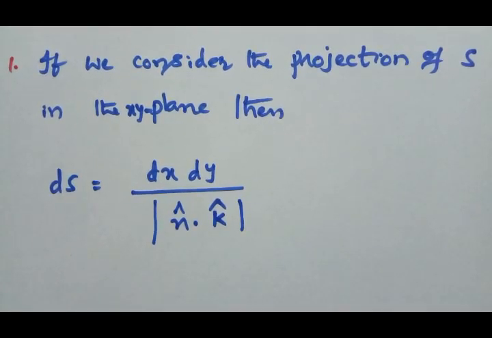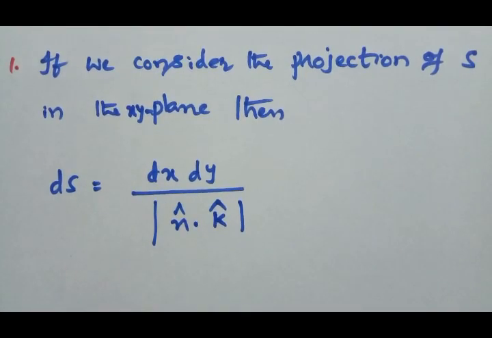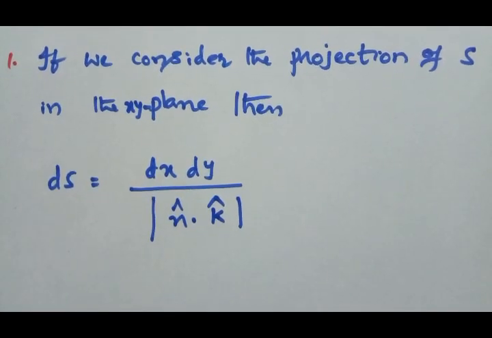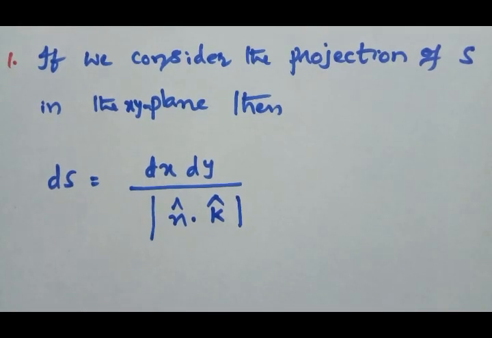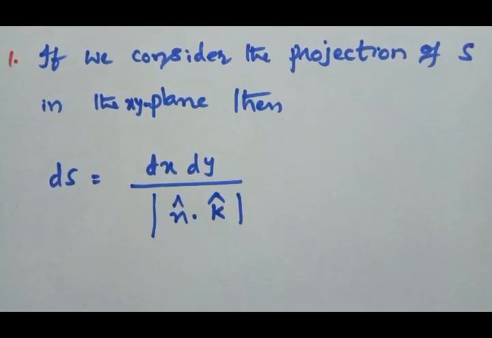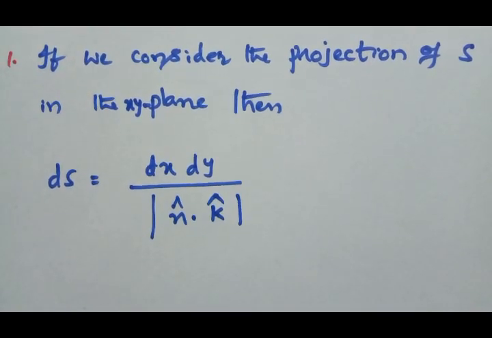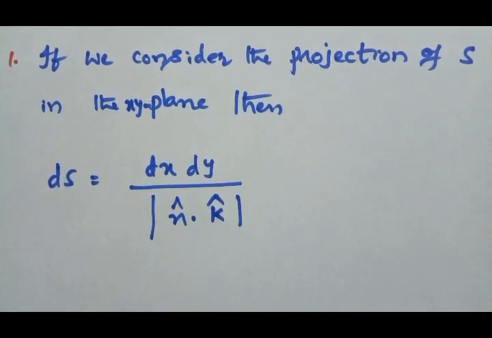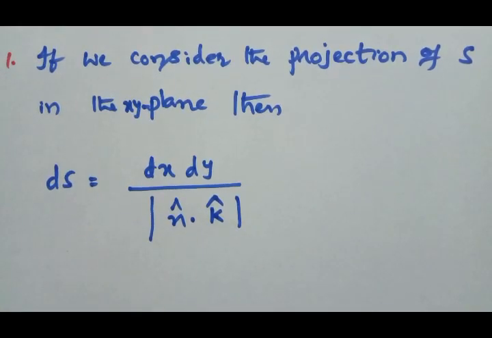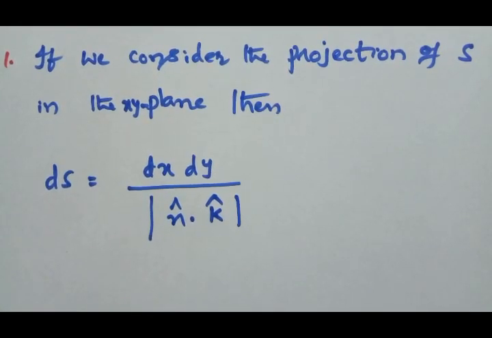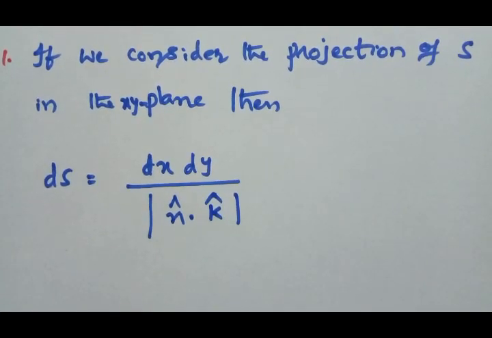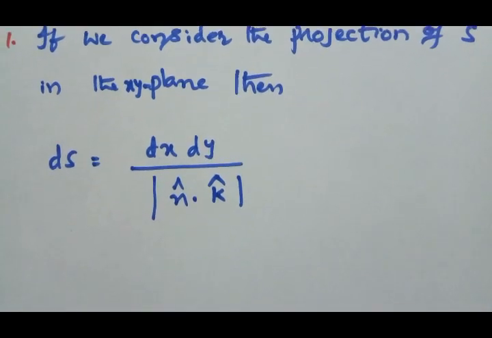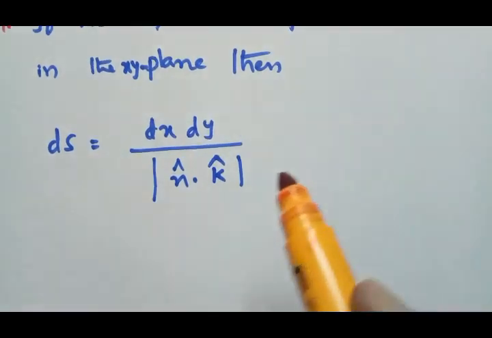If you consider the projection of the sphere onto the xy, yz or zx plane, its projection appears like a circle. Therefore, it becomes two-dimensional, so we can evaluate with respect to x and y.